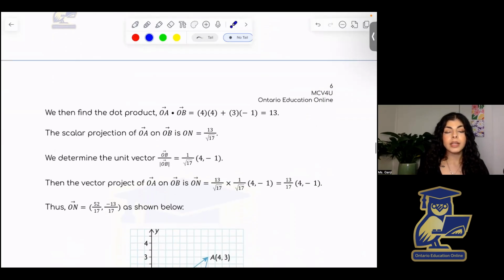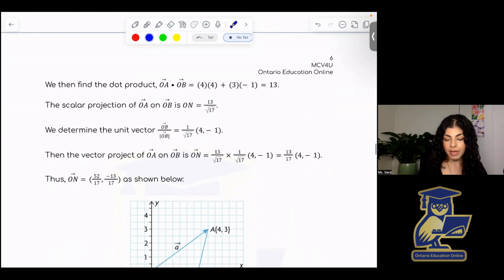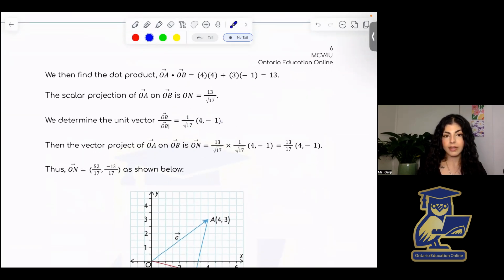Now we find the unit vector, which is vector OB divided by its magnitude. Vector OB was 4, negative 1, and we have to keep it as the vector here, and we're just dividing it by square root of 17. I'm just leaving it like that for now.